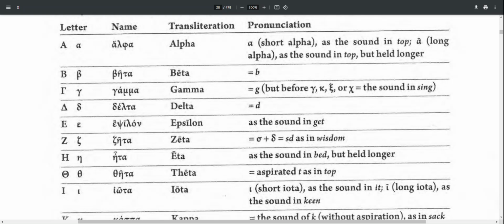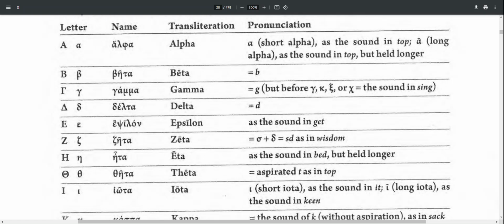The next letter is zeta. Here it says that it's like the sound of sigma plus the sound of delta, like the letters SD in "wisdom".